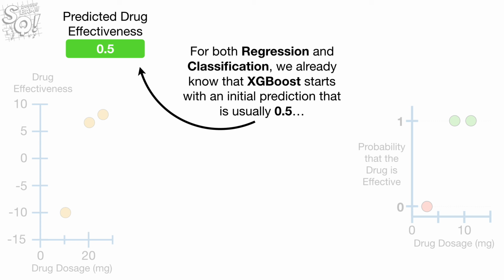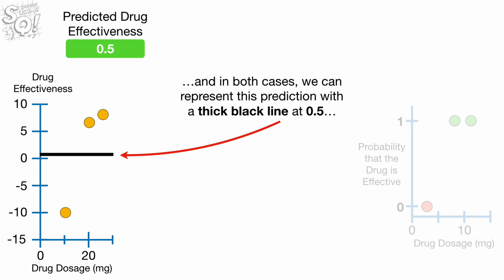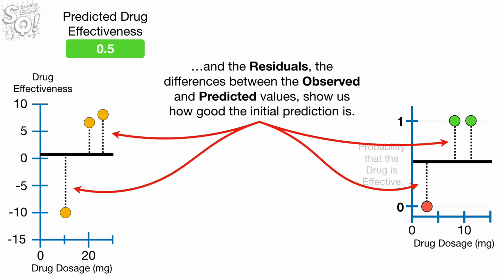For both regression and classification, we already know that XGBoost starts with an initial prediction that is usually 0.5. And in both cases, we can represent this prediction with a thick black line at 0.5. And the residuals, the differences between the observed and predicted values, show us how good the initial prediction is.